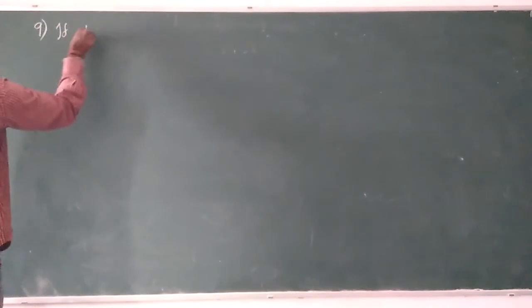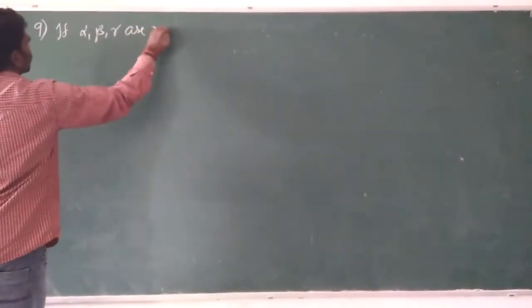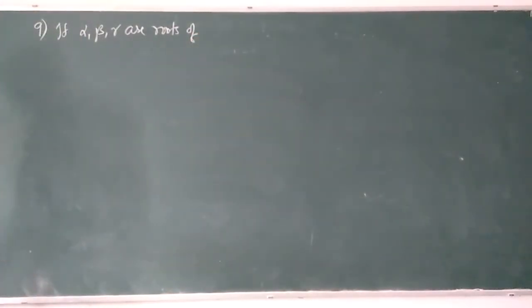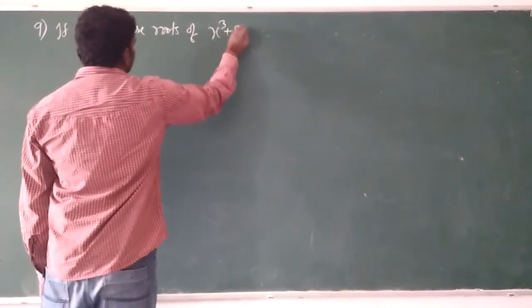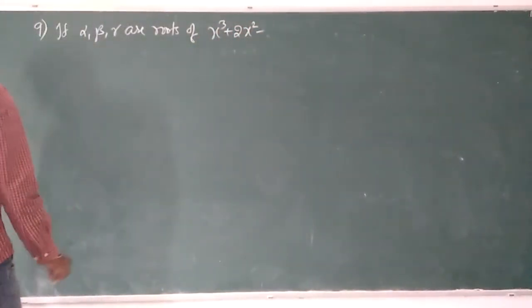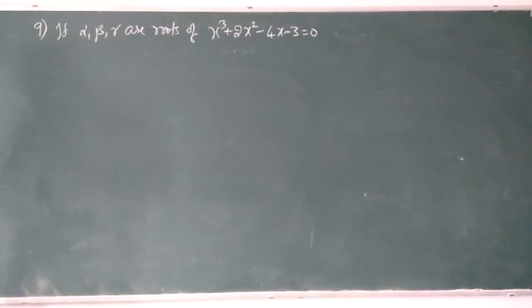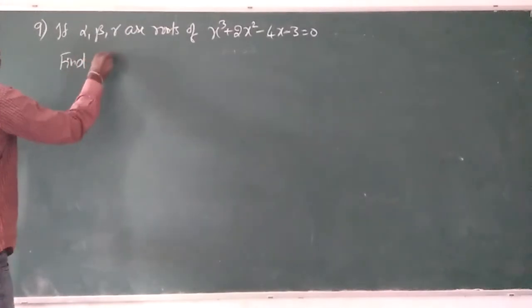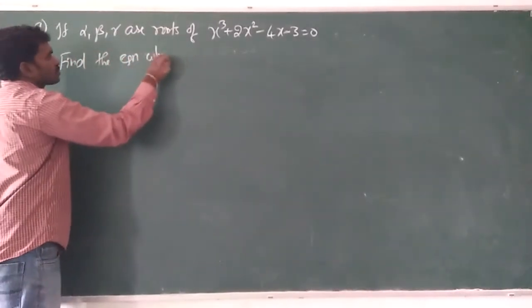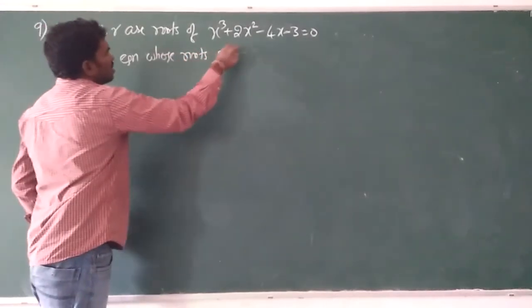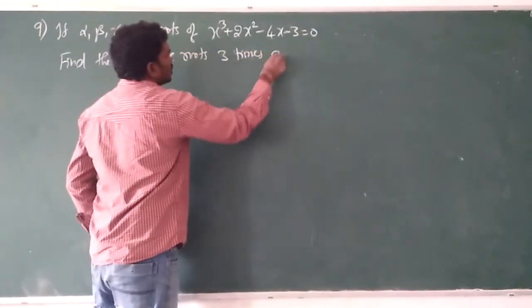So 9th question. If alpha, beta, gamma are roots of x cube plus 2x square minus 4x minus 3 equal to 0, then find the equation whose roots are 3 times the given roots.